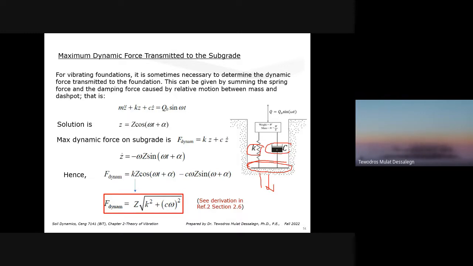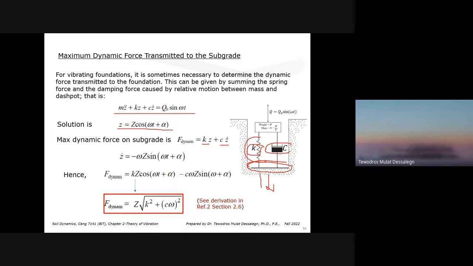So the way we find it is, we have our general equation of motion. We know the solution of this general equation of motion in compressed form. The max dynamic force on the subgrade is the stiffness force and the damping force. The max dynamic force is the force transmitted from the stiffness plus the force transmitted from the damping.